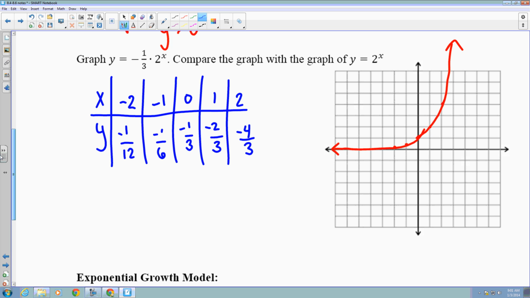This one's going to be very small, it looks like. Negative 2 is negative 1/12, which is very close to the x-axis. This one's very gradually going down. Even though the x is the same, that negative 1/3 out front really changed what this looks like.